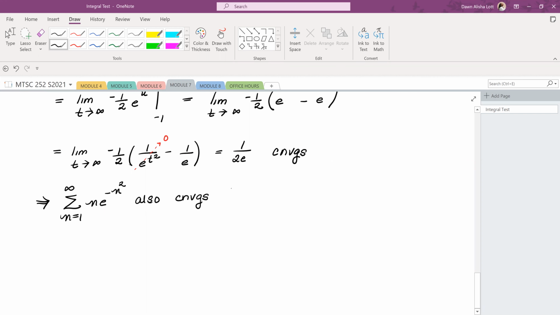Now there's one important fact here, but we don't know what its sum is. We don't know to what it converges.